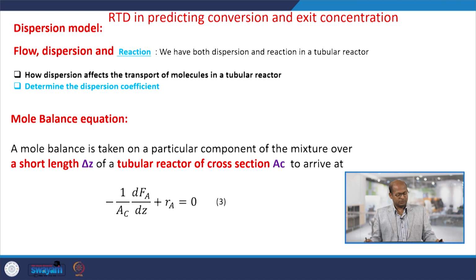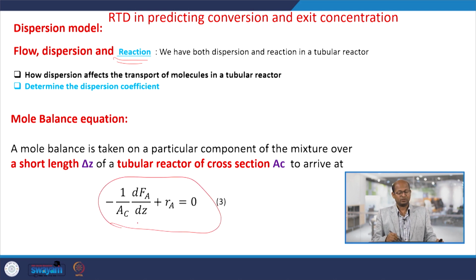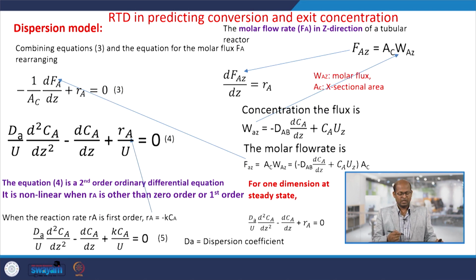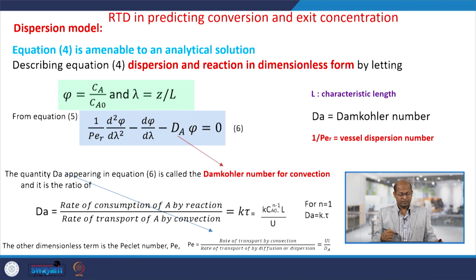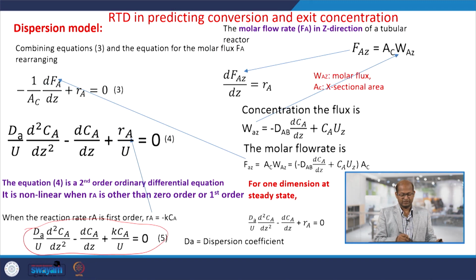Okay. Now if a reaction system is there, we have developed this type of material balance, or mole balance, equations, which we have already discussed, and after that we developed these equations for reactions. Then we developed the dimensionless forms, the second order differential equations, for reaction and dispersion.